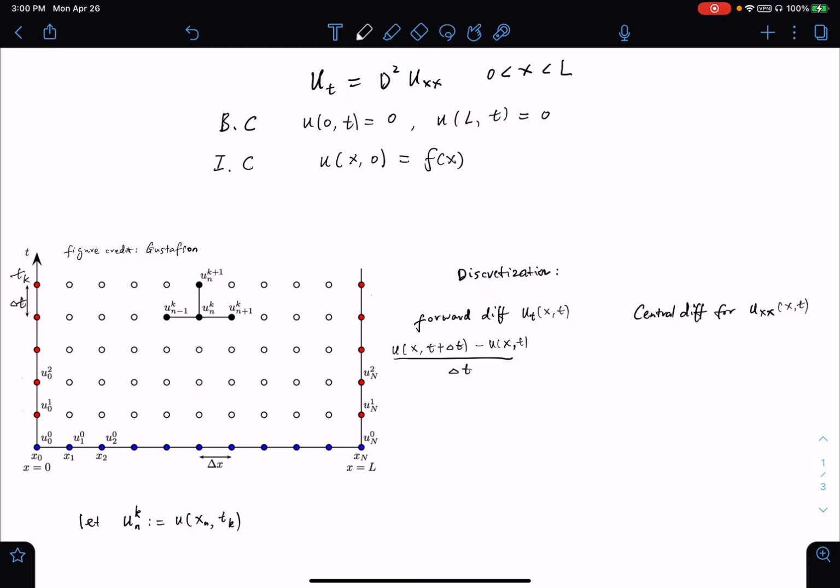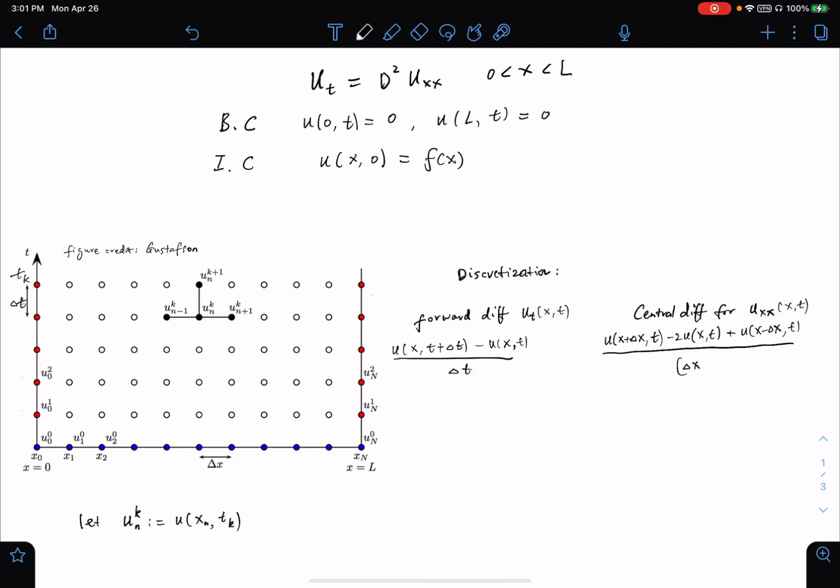And then we can apply the central difference formula for uxx. We need three values: u(x plus delta x, t) minus 2 times u(x, t) plus u(x minus delta x, t), all at time t, divided by delta x squared since it's a second order derivative.